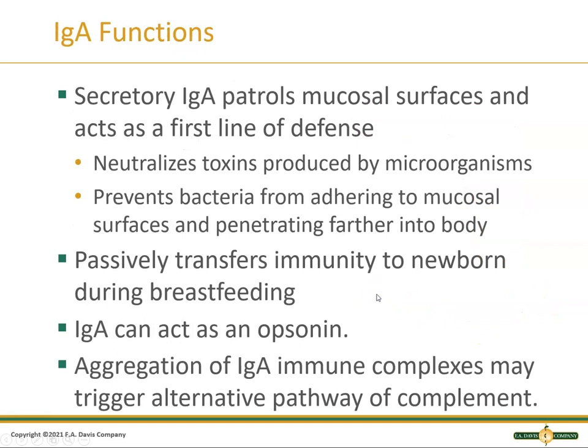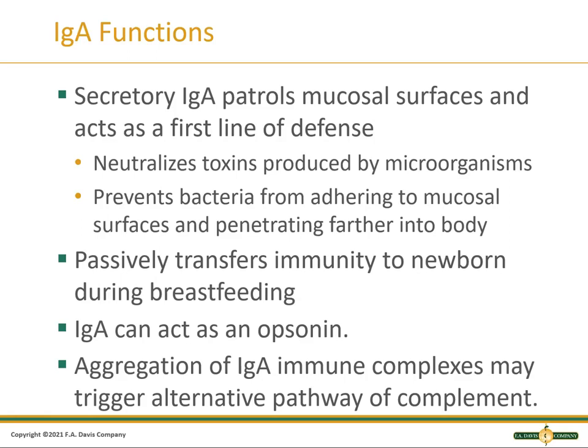So what are the functions of IgA? IgA is actually on patrol in all secretions. So it's the first line of defense. Remember, that's the portal of entry of a lot of different microorganisms. So we'll neutralize toxins, microorganisms. It prevents bacteria from adhering to mucosal surfaces, so we can try to knock it out first.